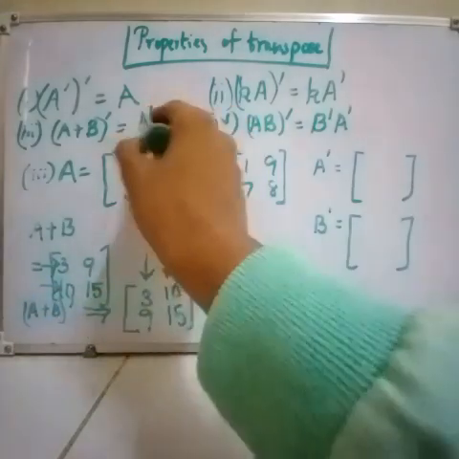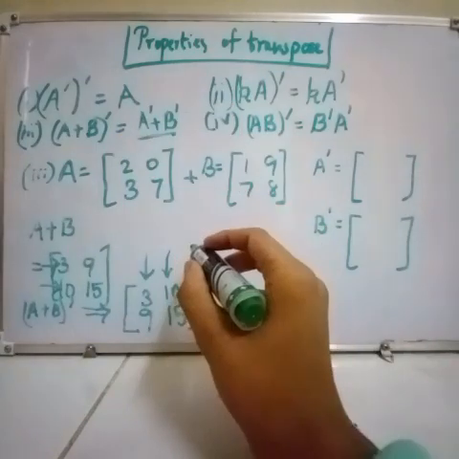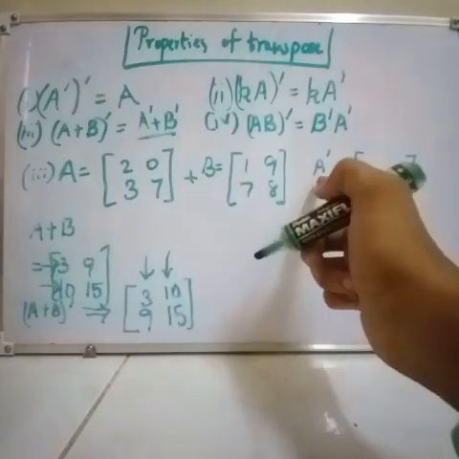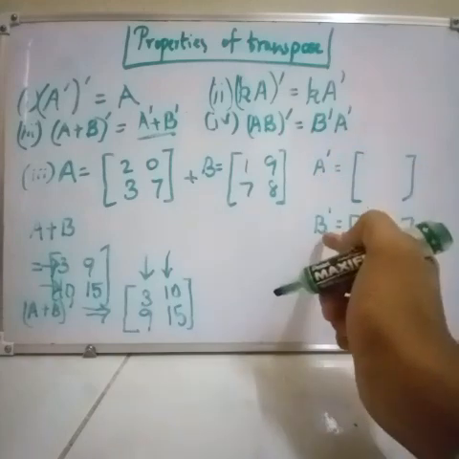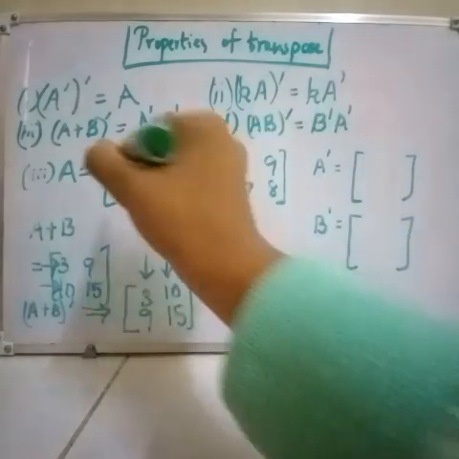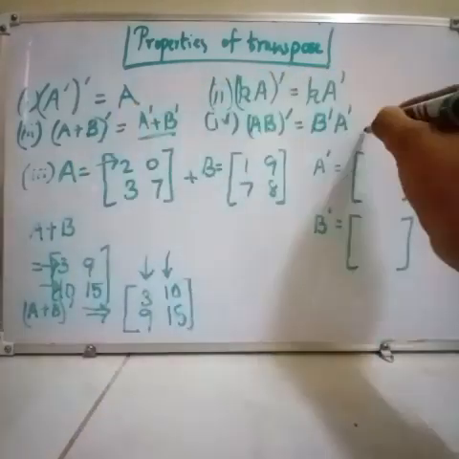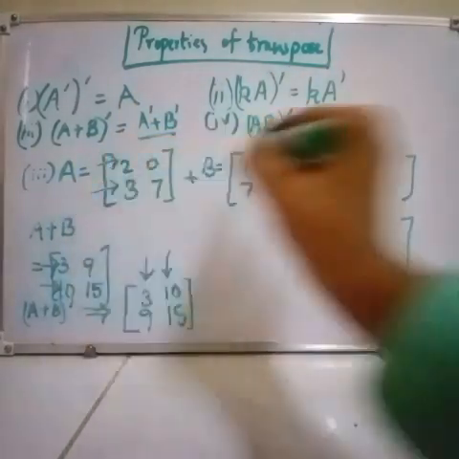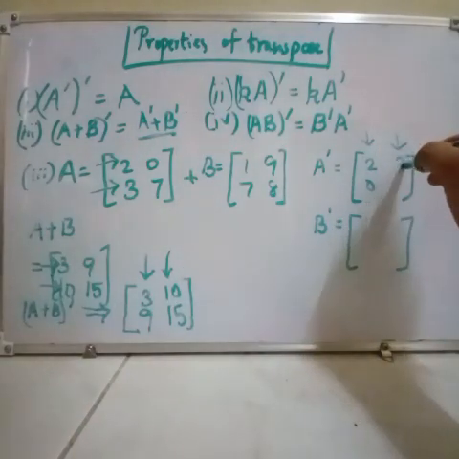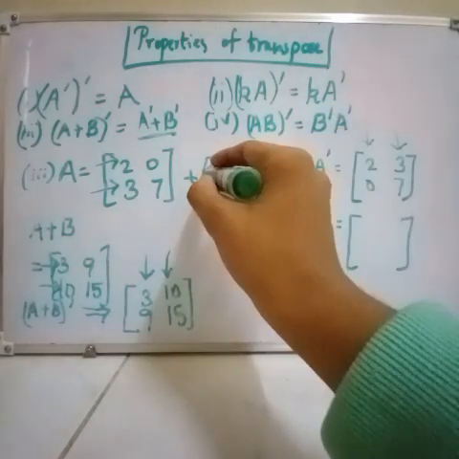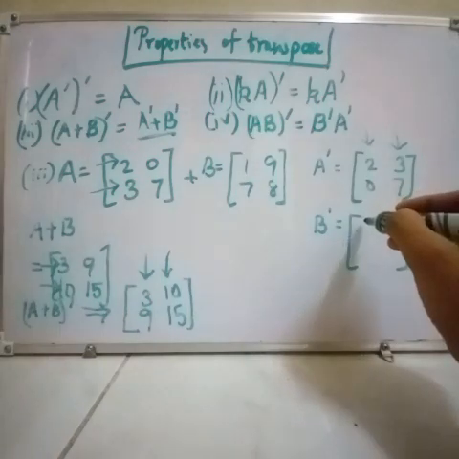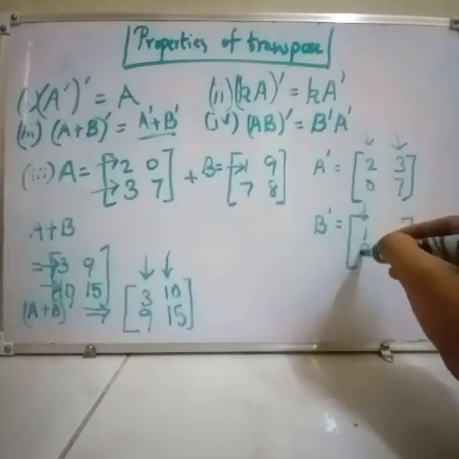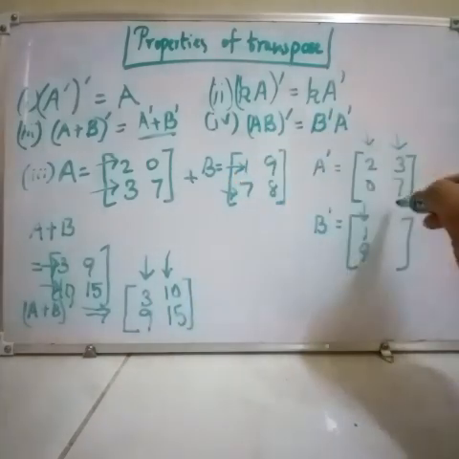Now we have to do the second part of the equation, A transpose plus B transpose. First, let's find A transpose and B transpose. A transpose: the first row becomes the first column, 2, 0, and the second becomes the second column, 3, 7. Now let's take the transpose of B also, first row to first column and second row to second column.